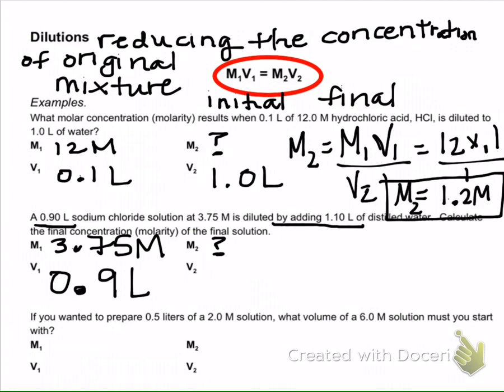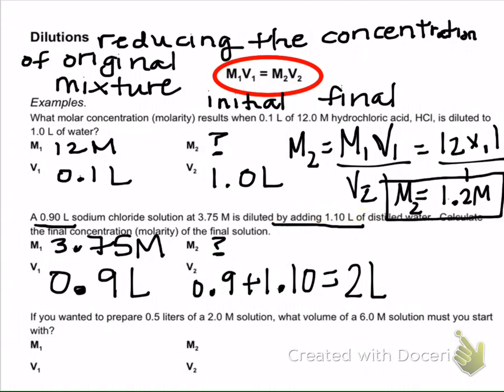So what we're actually going to do is add up 0.9 plus 1.1, and that is 2 liters. Again, this is because they say we added that amount.